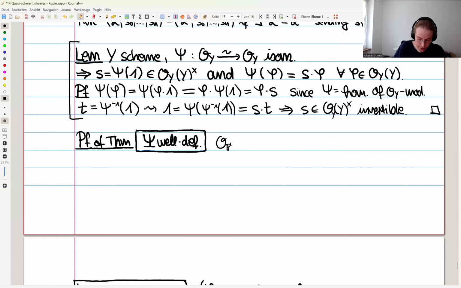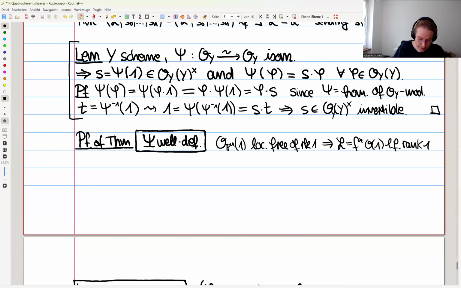But we know that O_{P^n}(1) is locally free of rank 1. And then we have seen, if we pull this back under a morphism, then it's still locally free of rank 1. So it is an invertible sheaf.